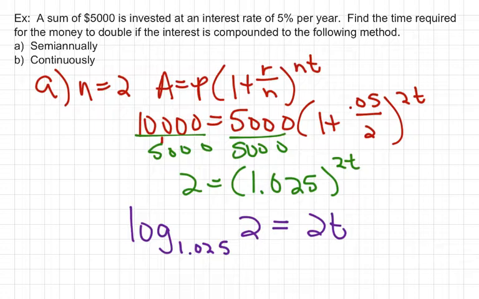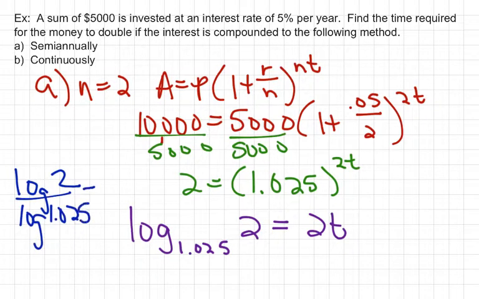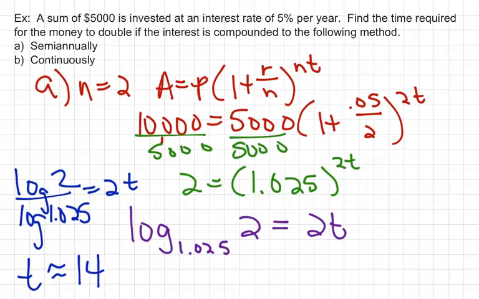Or you can just use the change of base formula, which is going to be the log of 2 divided by the log of 1.025. And then you're going to take that answer and divide it by 2. And you should find out that it's going to take approximately 14.04 years for your money to double.